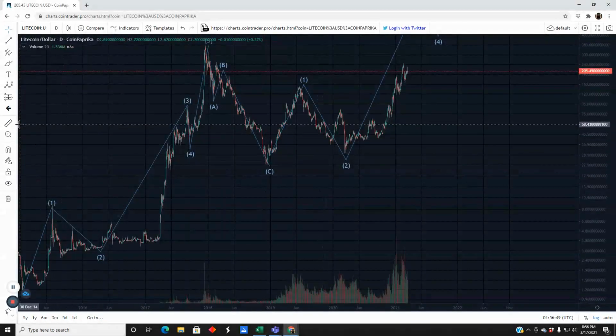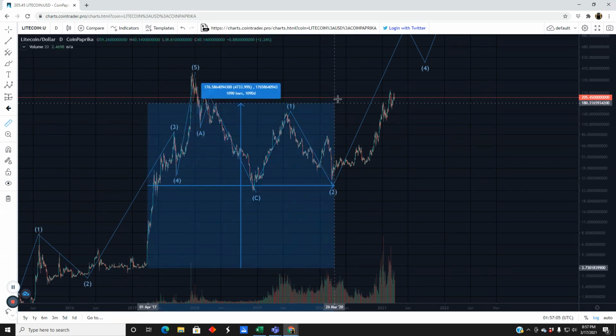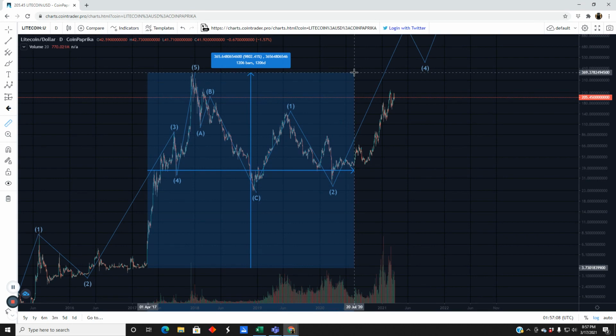And then let's look at this part to this part. Okay, so we'll take the bottom here from where this ended right here, take the percentage move, almost 10,000%.